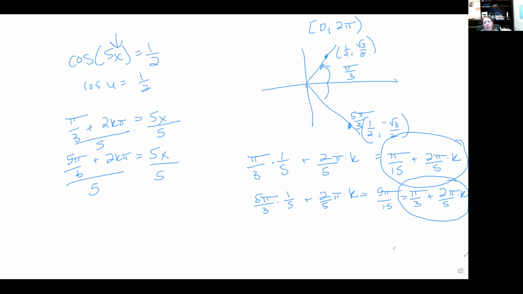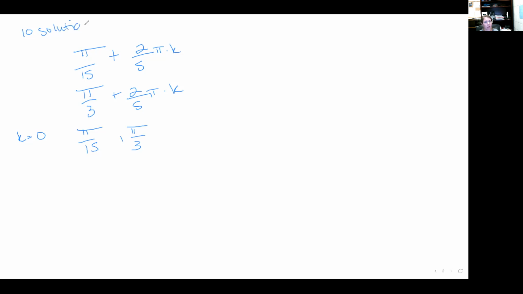I'm going to rewrite these here so I have more room: pi over 15 plus 2 over 5 pi times k, and pi over 3 plus 2 over 5 pi times k. So let's start trying to find our solutions. We're going to let k be 0, first of all. And obviously that's going to be pi over 15 as a solution and pi over 3. Again, we're going to need 10 solutions. We've got a lot more to go.